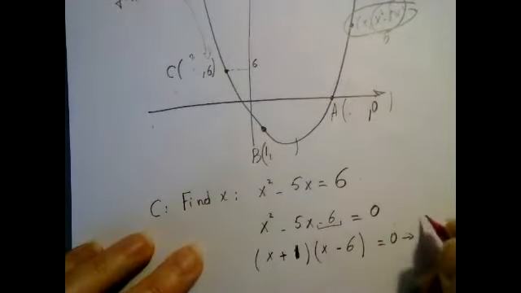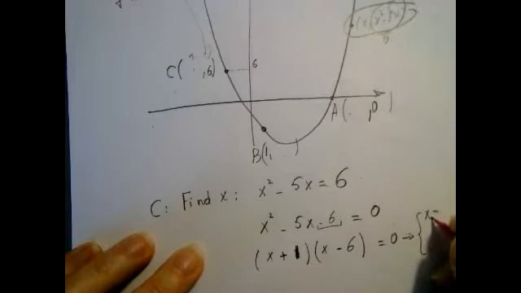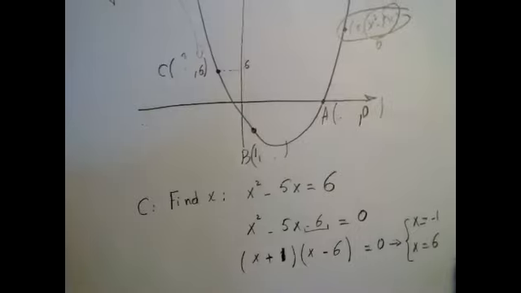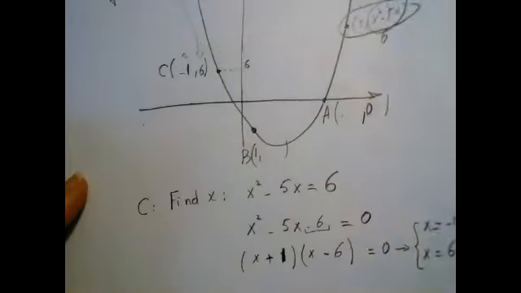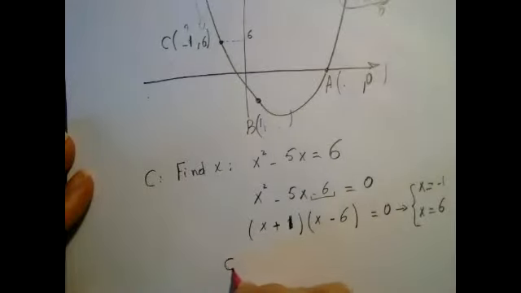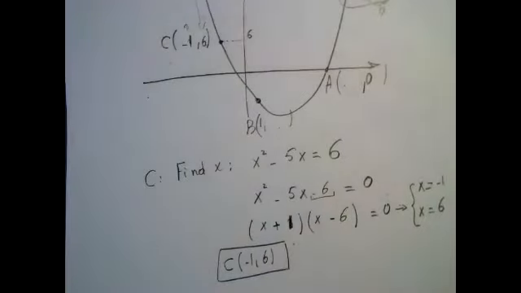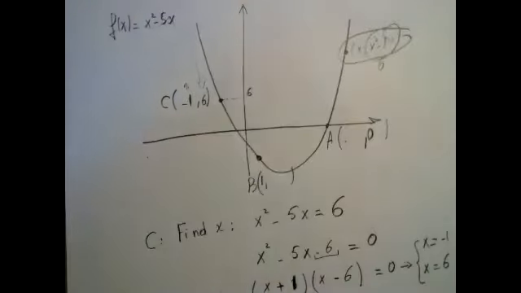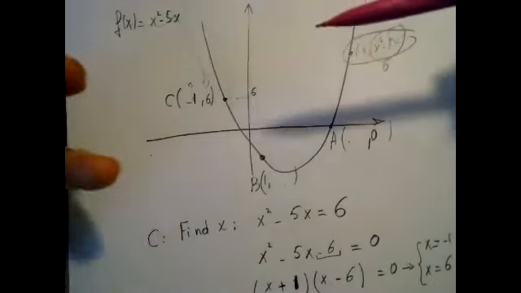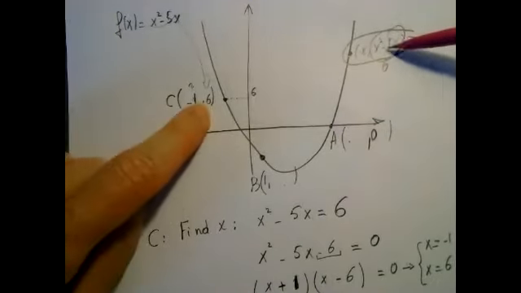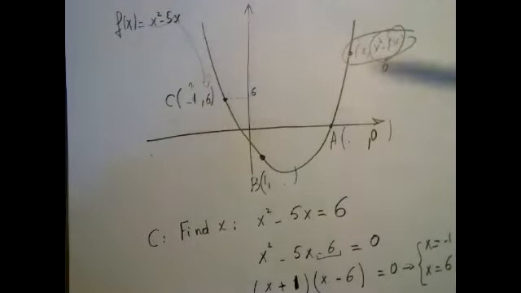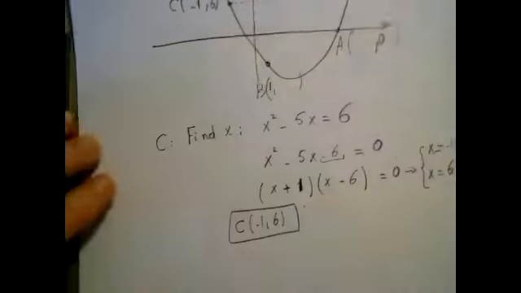This will give me two values, x equals minus 1 and x equals 6. Now, according to this picture, it is minus 1 because it's positive. So the point C has coordinates minus 1 and 6. So again, that's what the formula is. It's this rule that if you know the input, you can find the output. And a lot of the time, if you know the output, you can find the input. Okay. B.